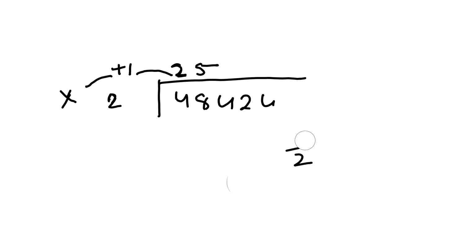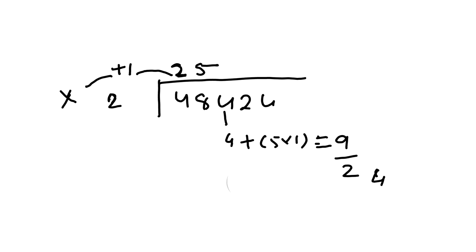Now the next number, it is 4 plus 5 into 1. That comes out to be 9. Divided by 2, it gives us 4 with a remainder of 1. It's called remainder. That remains at the last. So you have to write 4 here and take the remainder here.